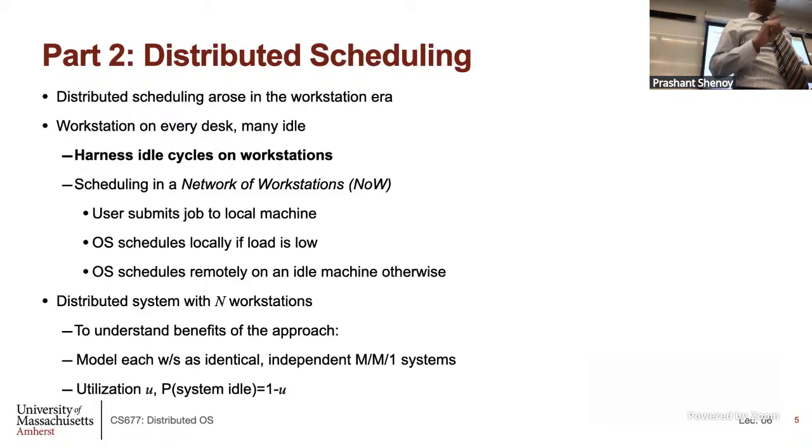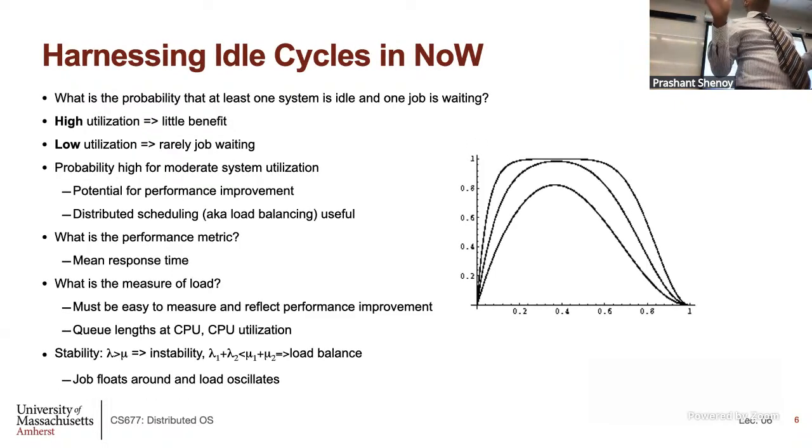So the first thing we'll ask is, when does this type of approach, where an OS decides to schedule a job somewhere else, when is it beneficial at all? And we'll do a very simple analysis here. There's no math here, but you at least have to understand what probability means, a probability distribution. So to understand distributed scheduling, we have to analyze this question.